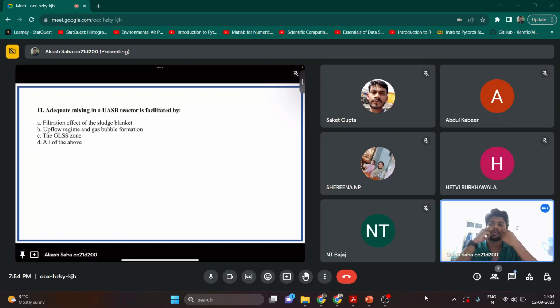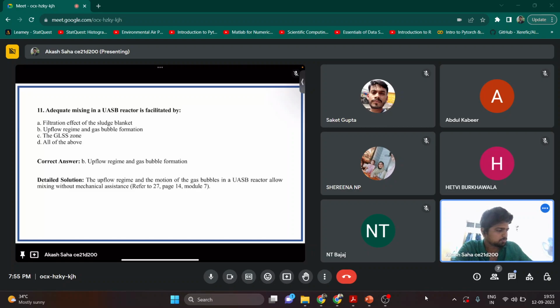Is the GLSS zone also? See, GLSS zone means gas, liquid, solid separator, so everything is getting separated there. There will be no mixing in that. And also not the filtration effect, but only the upflow regime and the gas bubble formation will help in adequate mixing of the USB reactor. Not all of them.